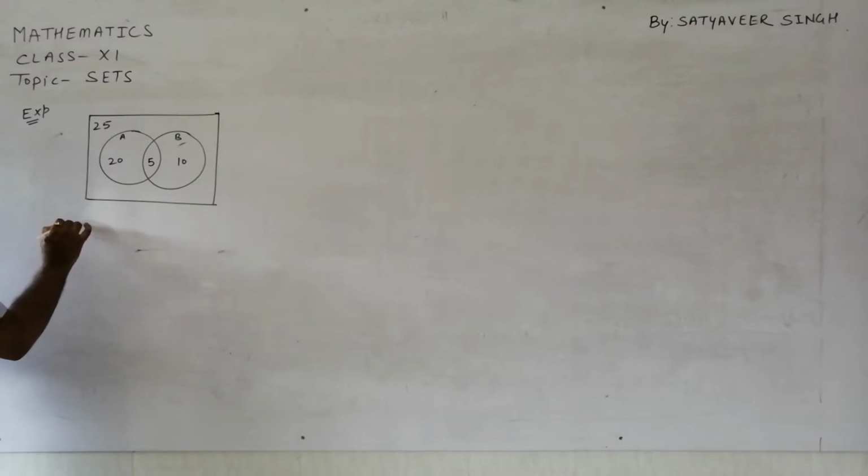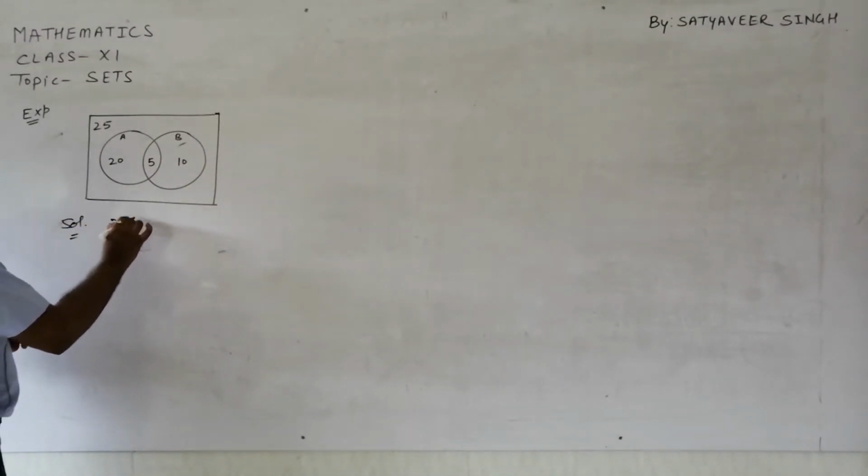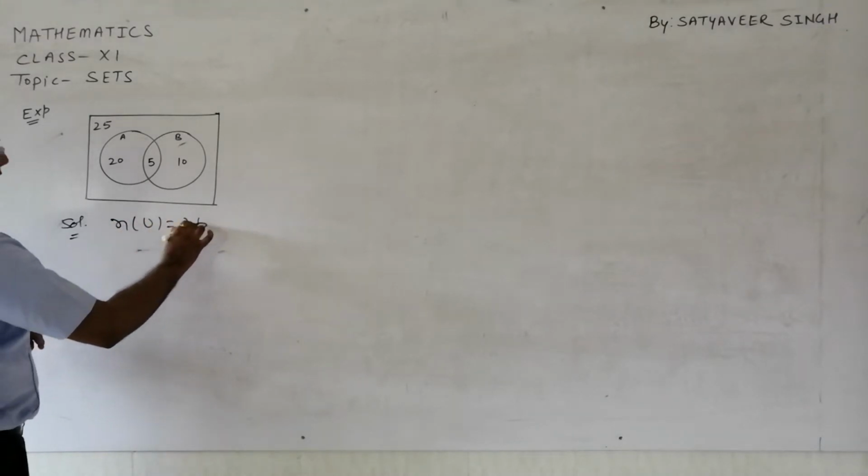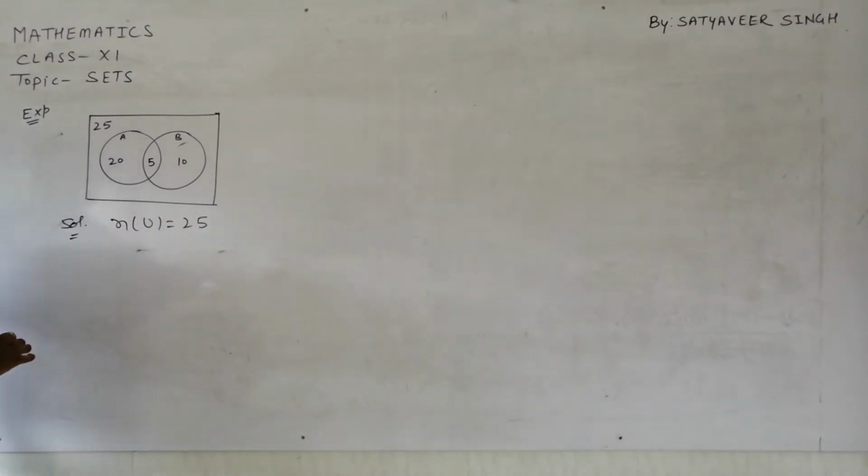So it will represent the universal set. It is total 25 students.